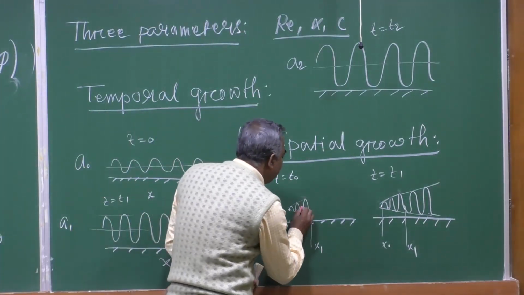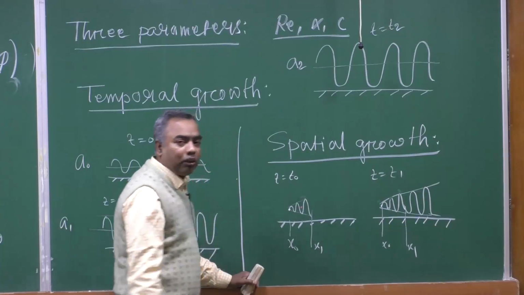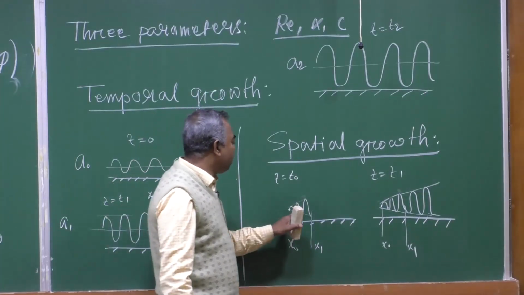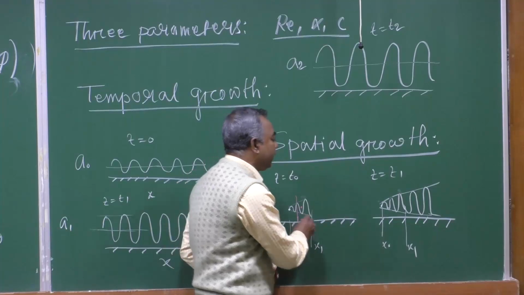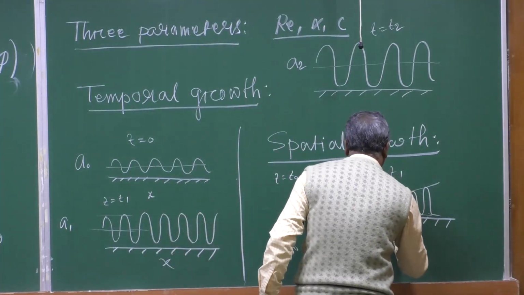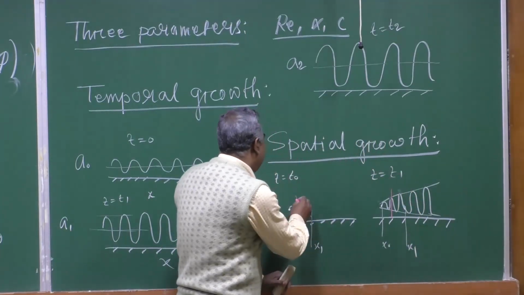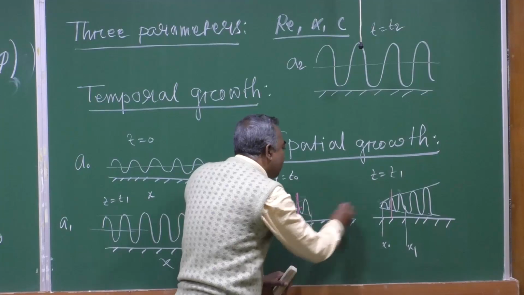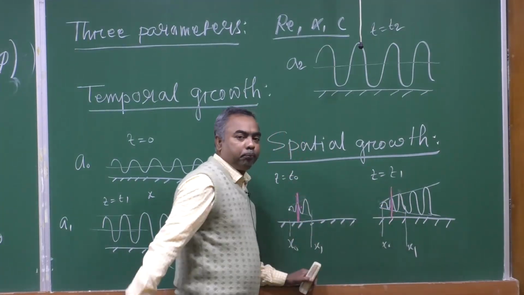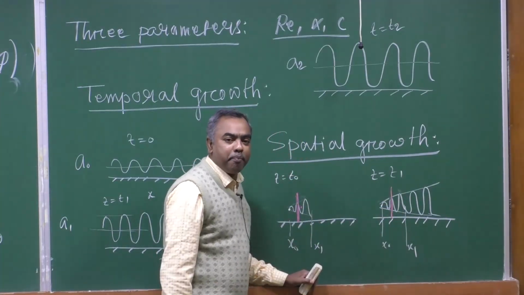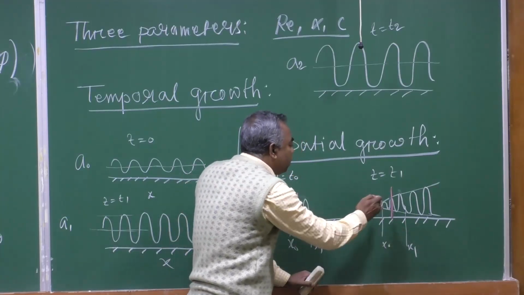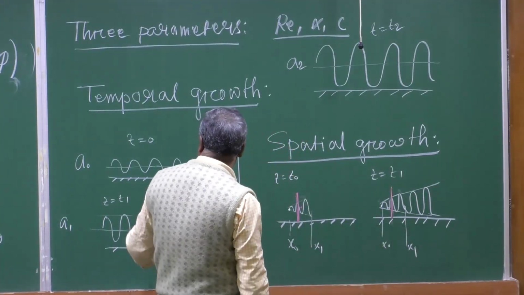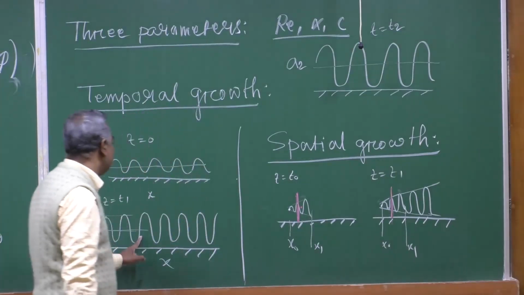Let us say at this particular location I would like to see the growth of a disturbance, and this is the corresponding location here. At any time if you look at this growth, it is not changing with time, whereas this is not the case in the previous case.